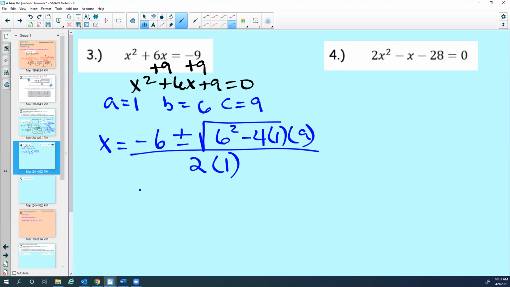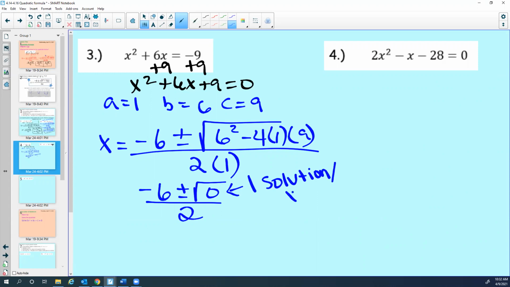So now I have negative 6 plus or minus the square root of 0 over 2 times 1, which is 2. Anytime that you get 0, guys, this is what's going to tell you you are going to have one solution, one x-intercept. Because the square root of 0 is 0. No matter what, if you added or subtracted, you're still going to have the same answer.